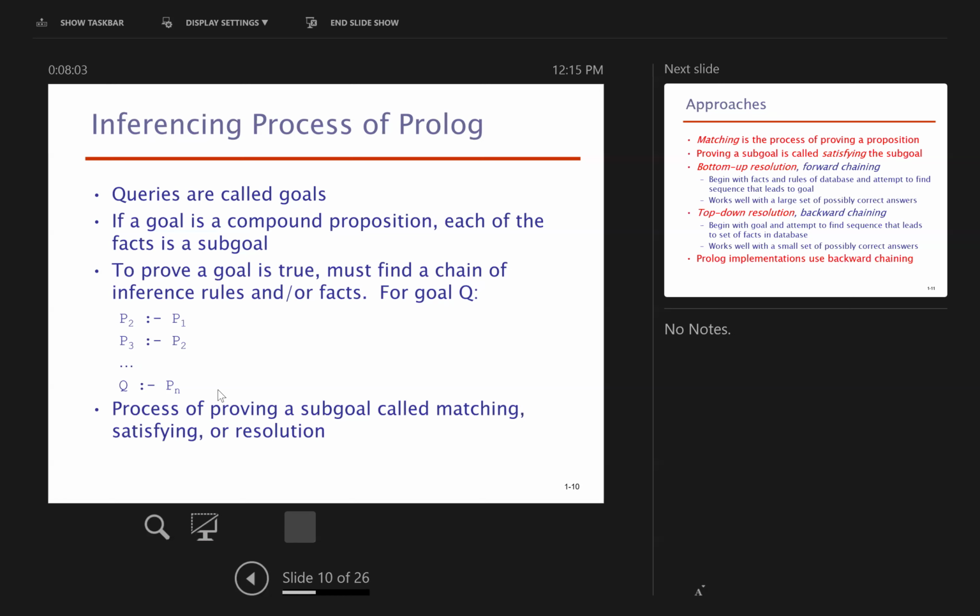Then if we have any query or anything we want to achieve, we may see if any of these rules may fire. The process of proving a sub-goal is called matching, satisfying, or resolution. I'll say matching, see if any of these rules match.